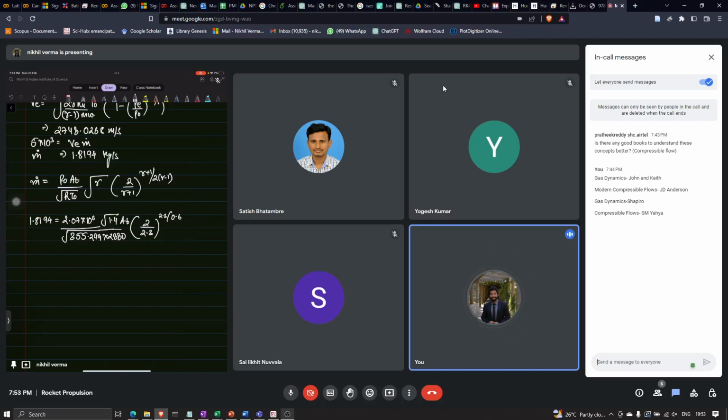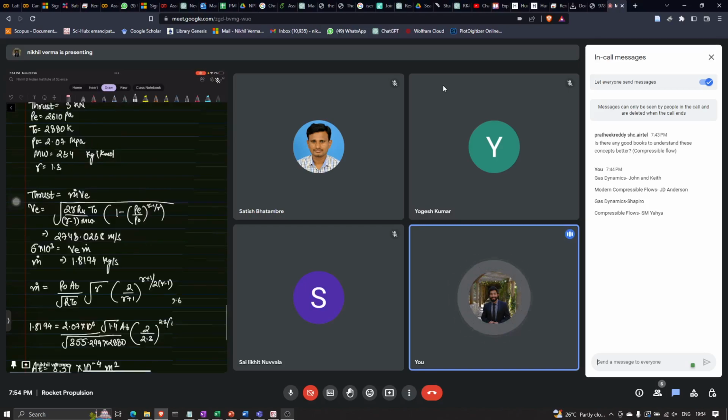If you calculate this, the area of the throat you can calculate as 8.39 into 10 to the power minus 4 meter square.